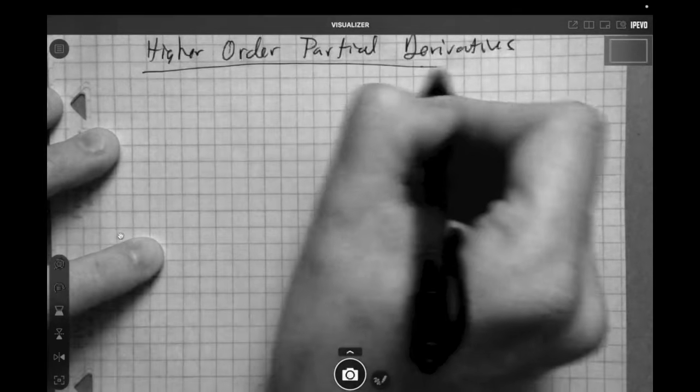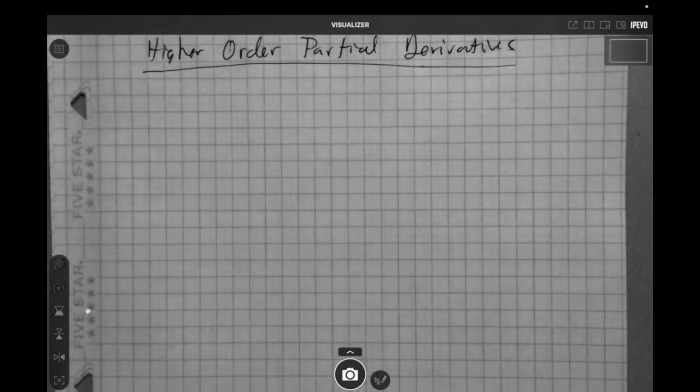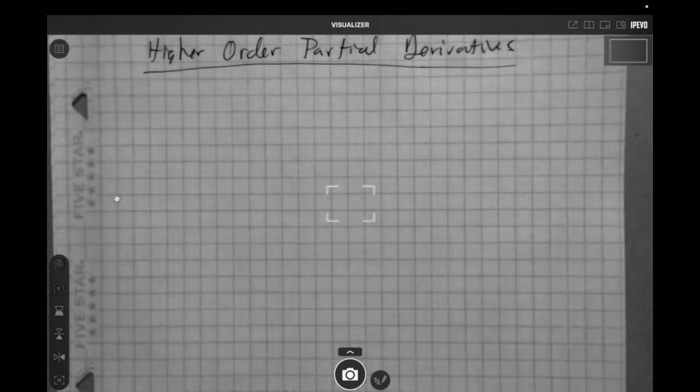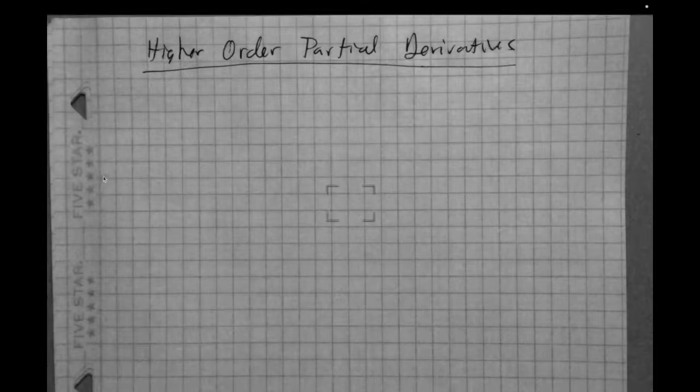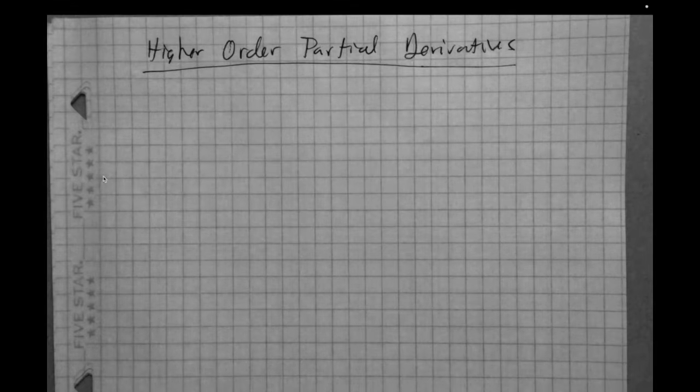So similar idea to what we had with ordinary derivatives. Just the notation is a little bit different, and there's also a few additional cases to consider.